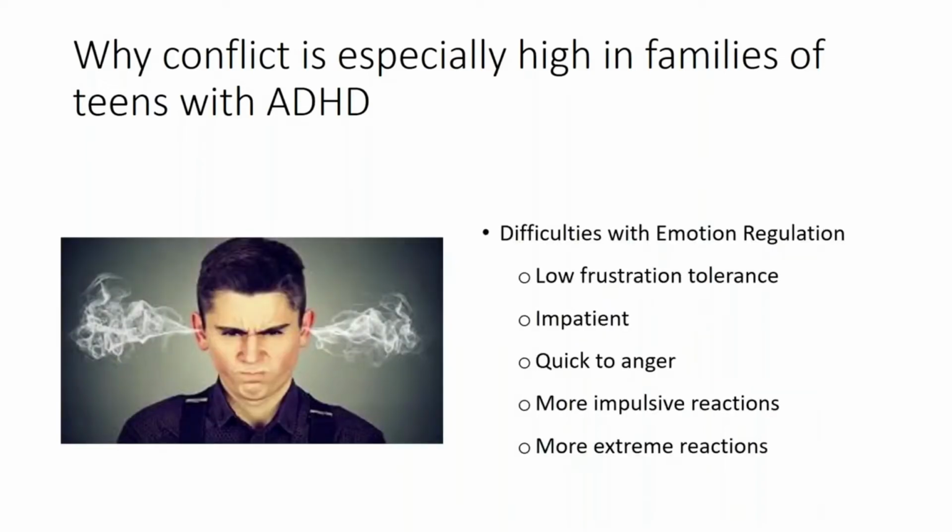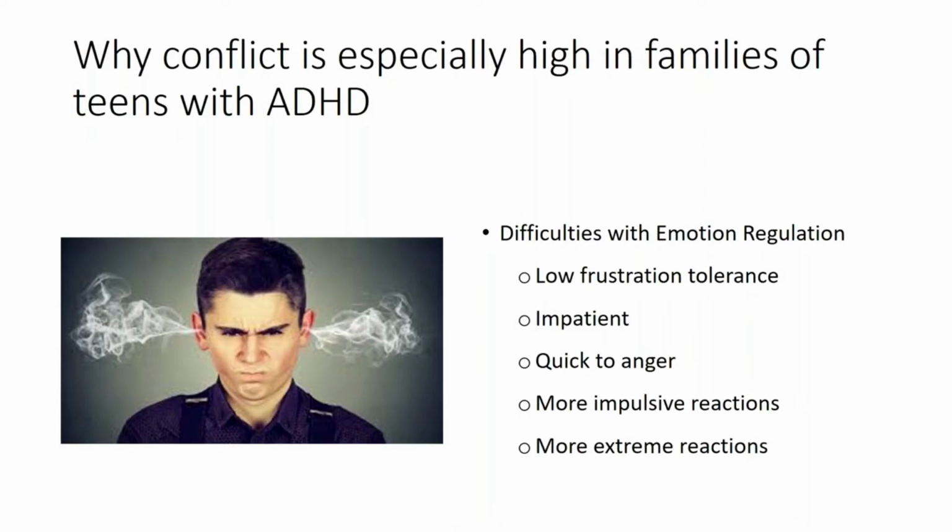A second reason why teens with ADHD experience higher levels of conflict, both with peers and with parents, is the fact that they have difficulty managing their emotions. Russell Barkley has described teens with ADHD as having a low frustration tolerance, impatience, and quickness to anger. Specifically, teens with ADHD are less able to moderate or suppress and manage their emotional reactions.